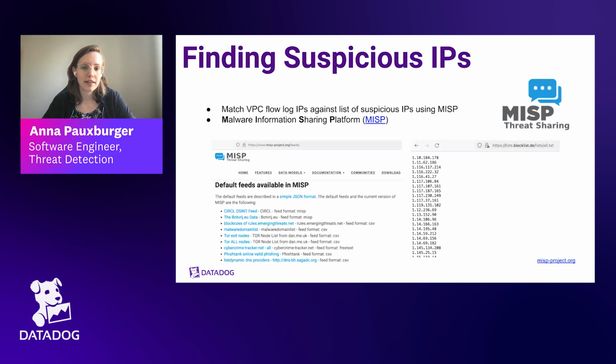We also have a job that queries that MISP API and stores the list of IPs in an S3 bucket to be more accessible by the downstream jobs.